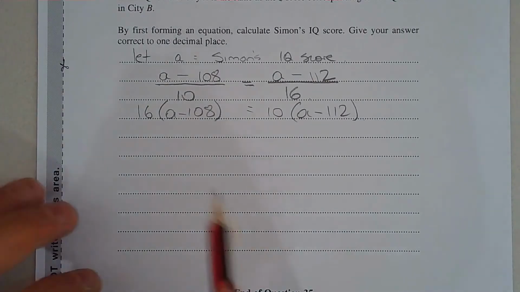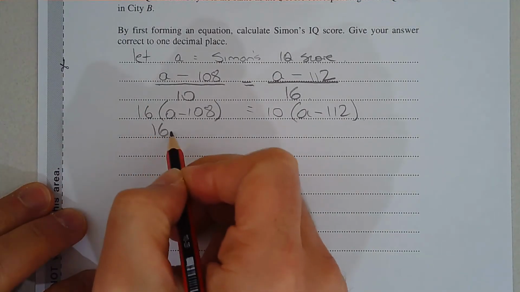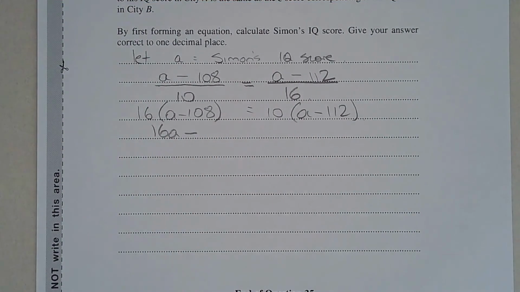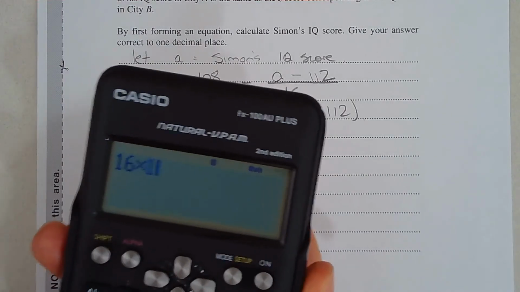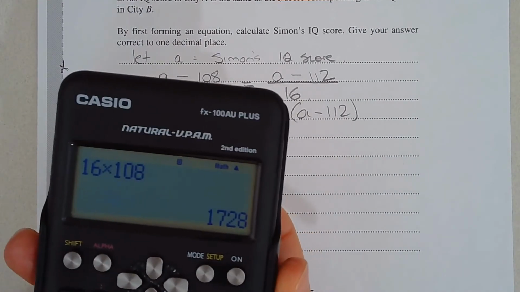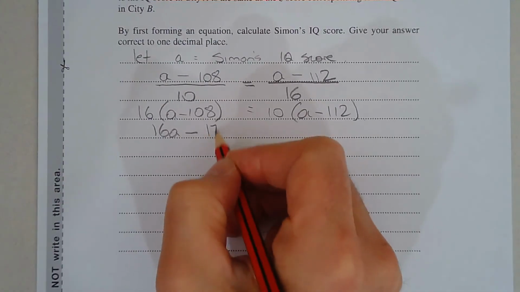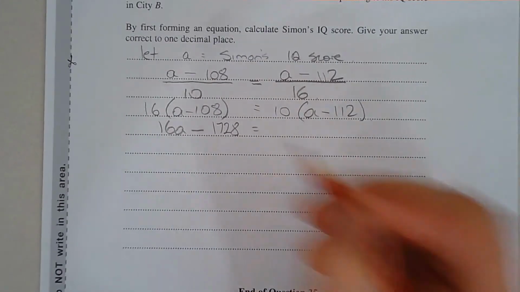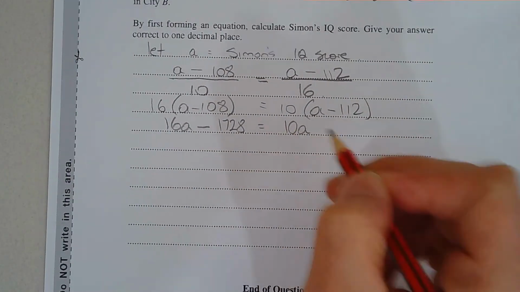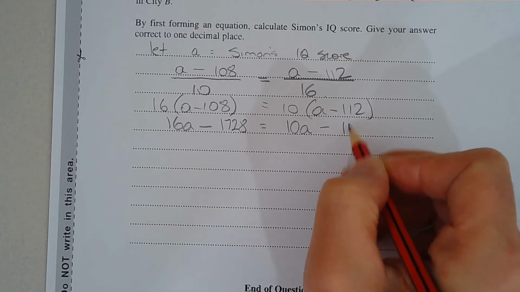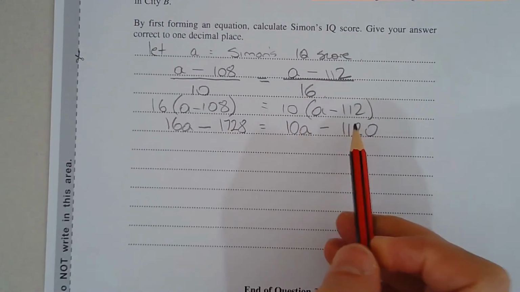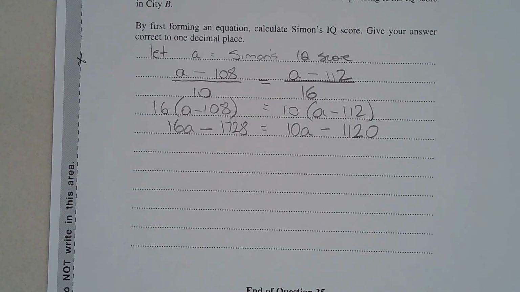Expand the brackets, so 16A minus 16 times 108, which is 1728, is equal to 10A minus 1120, that's 10 times 112.